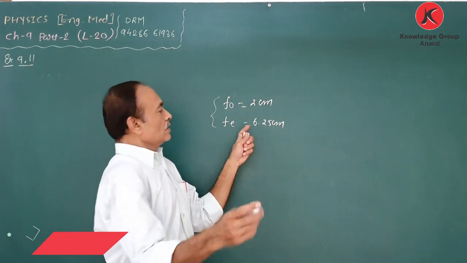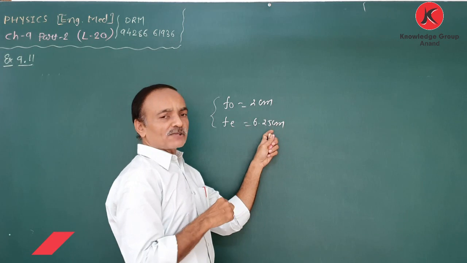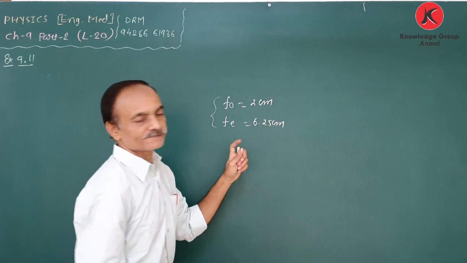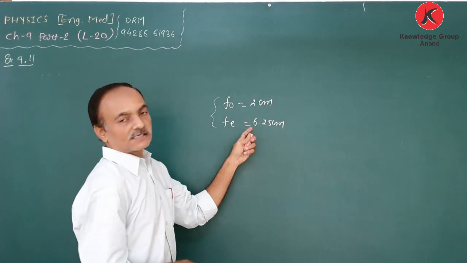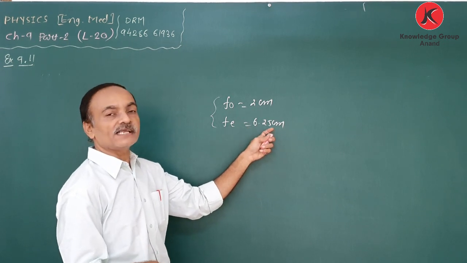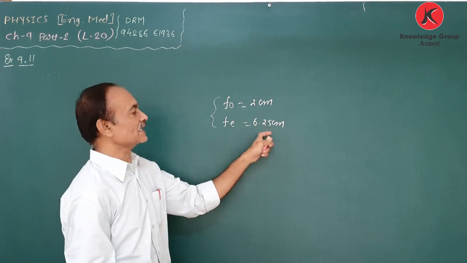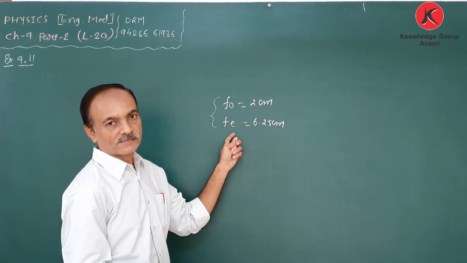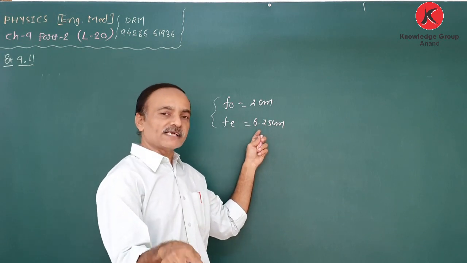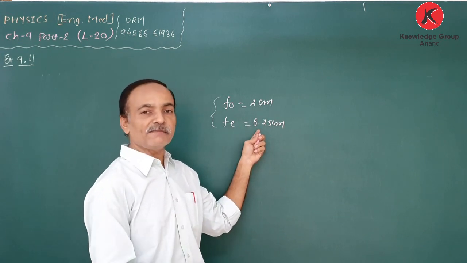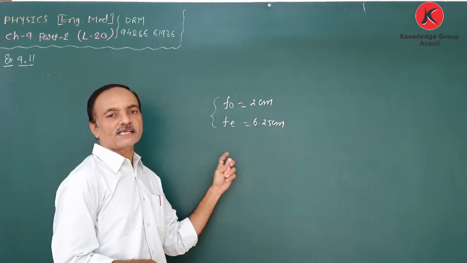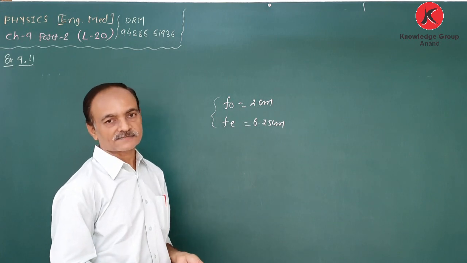Now find the position at which an object should be placed to obtain its image, first at the least distance for distinct vision, that means D is equal to 25 centimeter, and second at infinite distance.